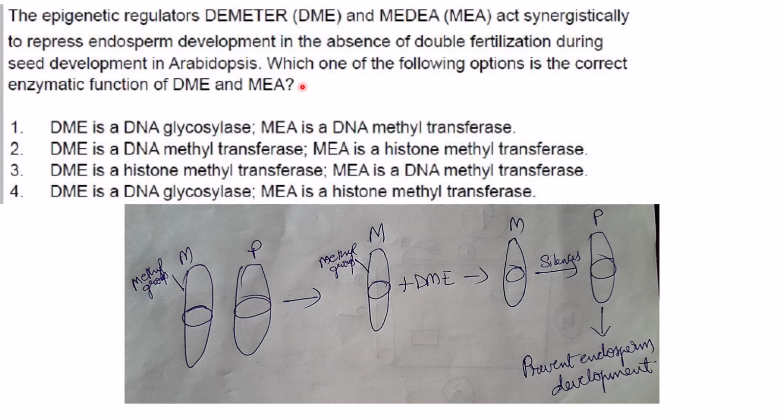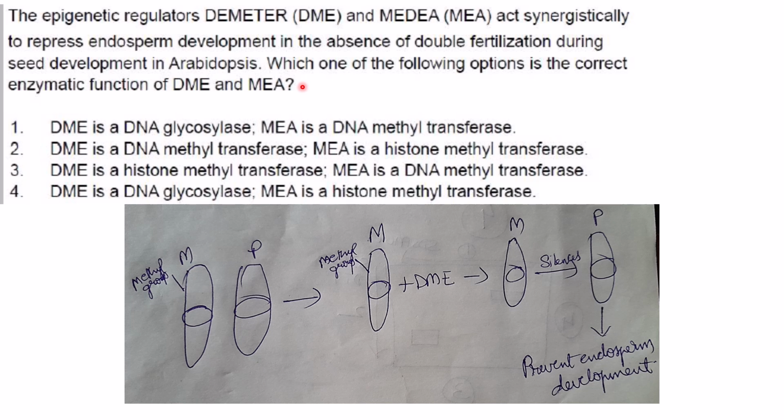So there are certain epigenetic regulators in Arabidopsis that will act synergistically and they will repress this endosperm development during the seed development. Okay, so these are those two epigenetic regulators, that is DEMETER and MEDEA.